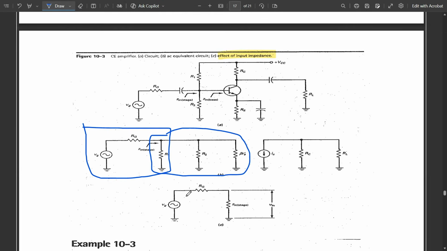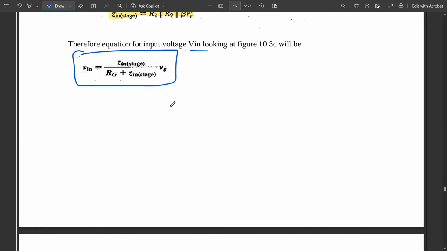That is the resistance plus Z in stage, because these two are kept in series, right? So these two would get added in the denominator part, and this voltage source is multiplied with respect to V in. So that's why we are getting Z in stage into Vg, because we have one equation, right?